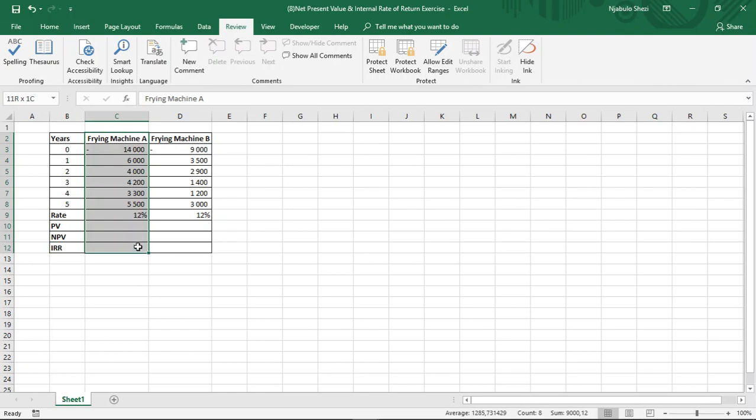We have frying machine A as well as frying machine B. And what we basically have to do, guys, is with the aid of the net present value formula as well as the internal rate of return, is to basically do those calculations with the aid of those formulas and then arrive at some sort of conclusion and justification as to which frying machine between frying machine A as well as frying machine B is the better frying machine to buy.